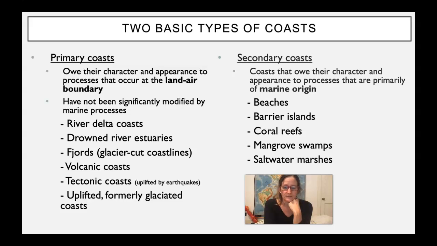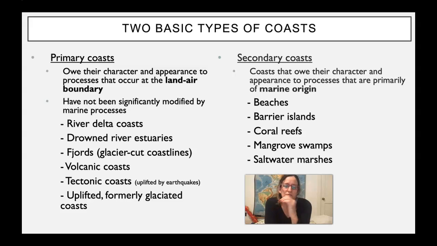Last one there is uplifted, formerly glaciated coast. When glaciers sit on the crust, they're going to push it down, and then when the glaciers come off, that land pops up. So it's pushed down, and it's rebounding after the glaciers melt away.